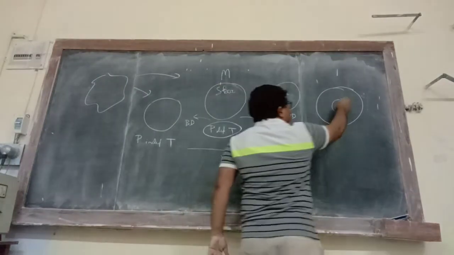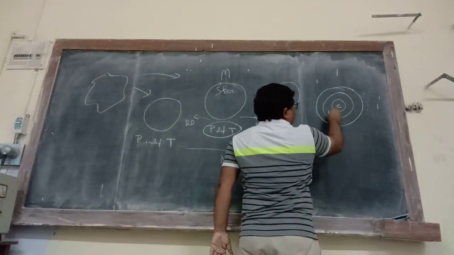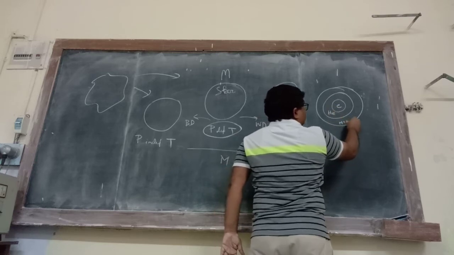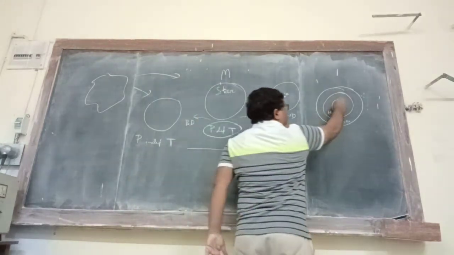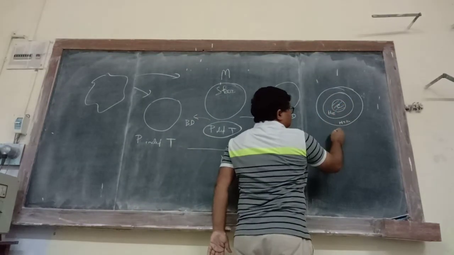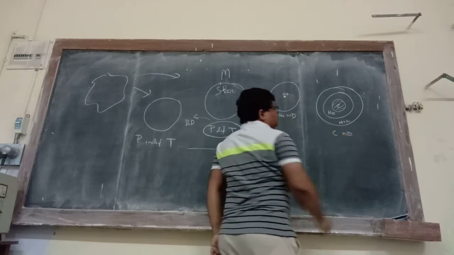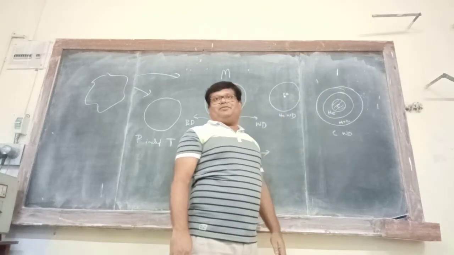So inside there will be only carbon left, outside only helium, and after that there will be hydrogen plus helium as well. You will call this a carbon white dwarf. Sometimes people also call them helium-carbon white dwarfs.